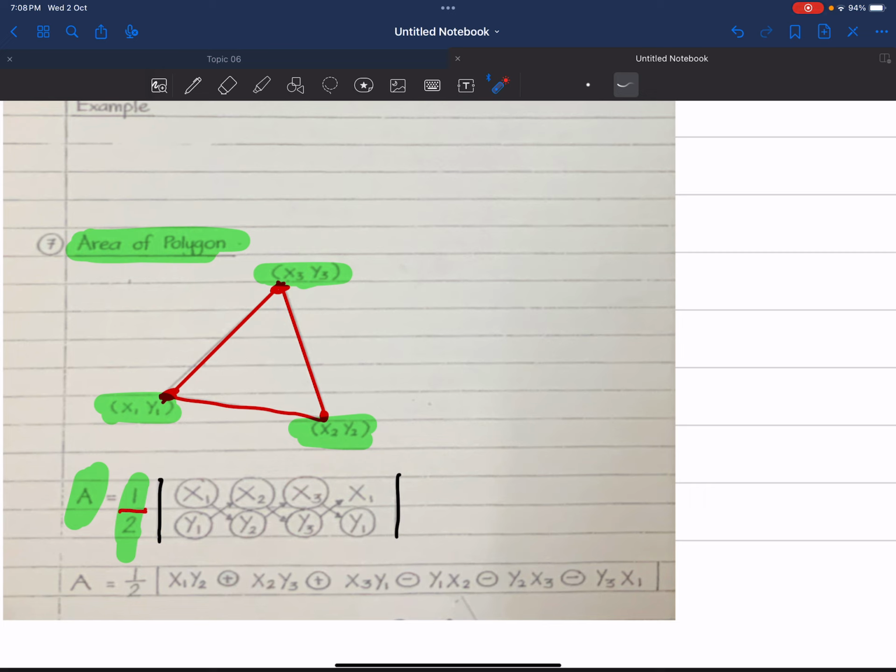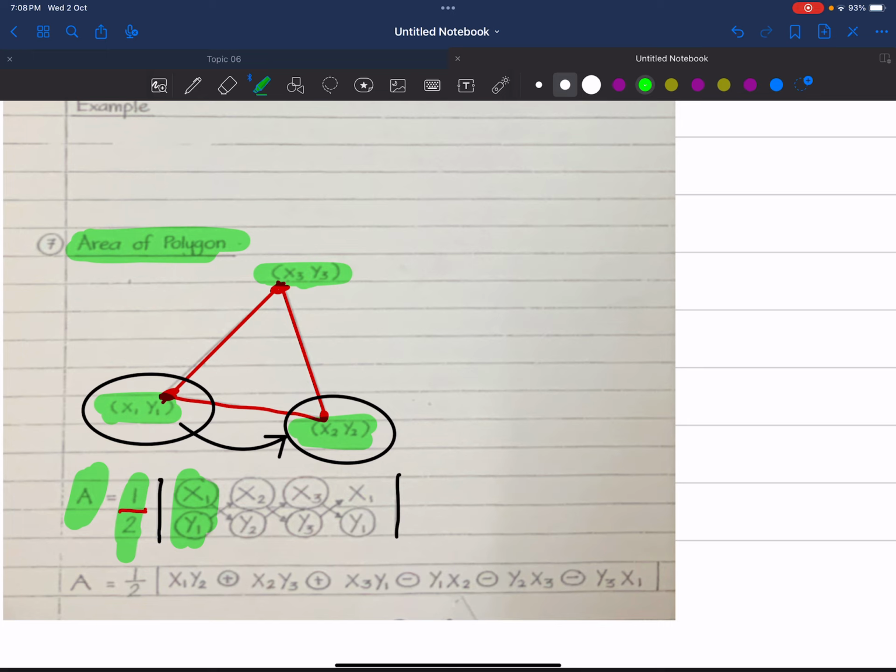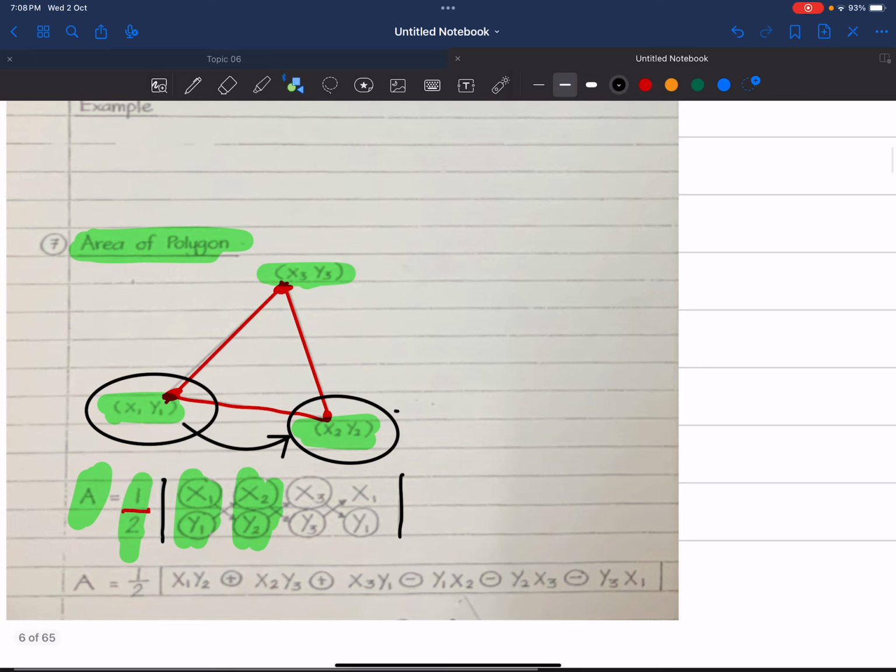I'm starting with x1, y1, which you label vertically. After you start from any coordinate, we go anti-clockwise to the next coordinate, x2, y2. Again, go anti-clockwise to the third coordinate, x3, y3.